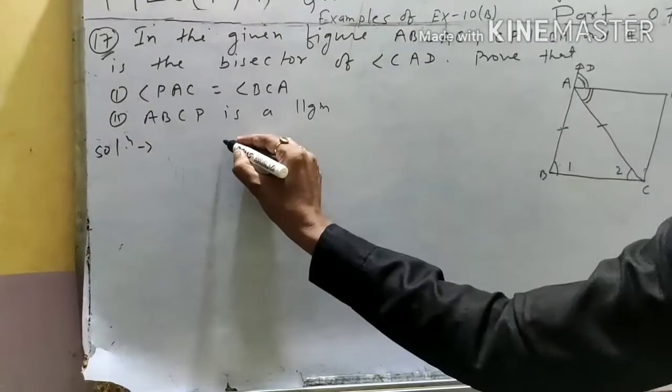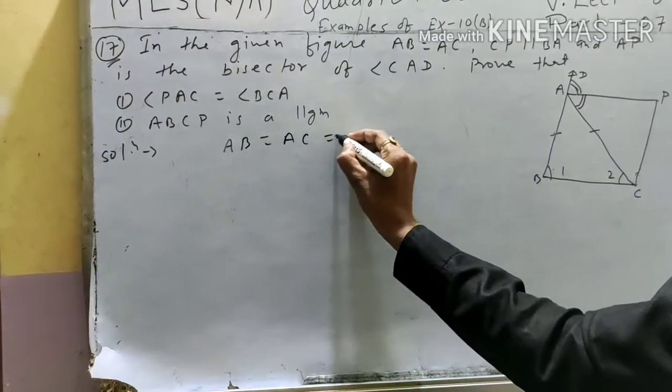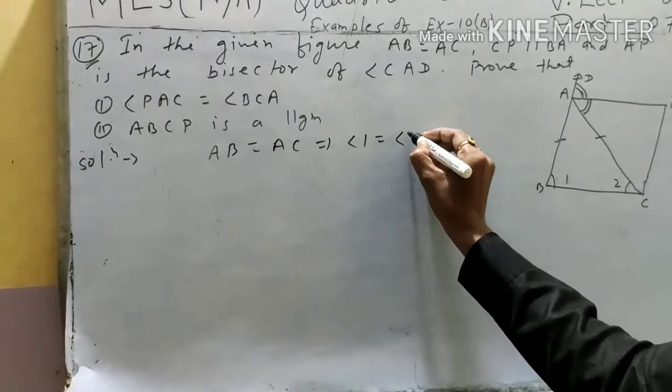Okay student. First of all, write down AB is equal to AC. So angle 1 is equal to angle 2.